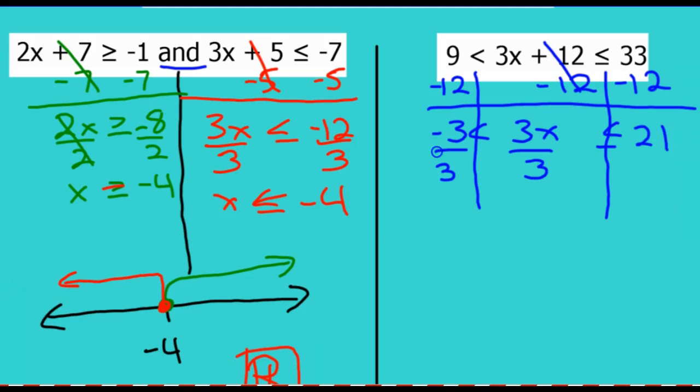Divide by 3. Negative 1 is less than x, which is less than or equal to 7.